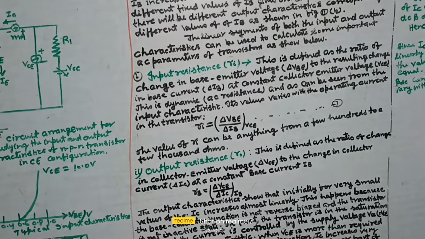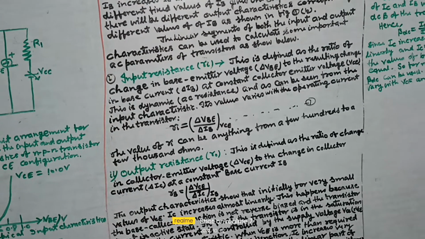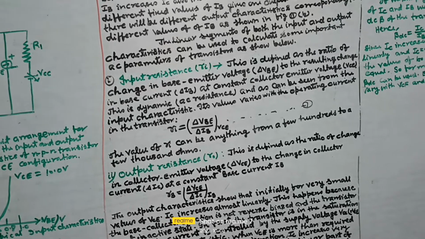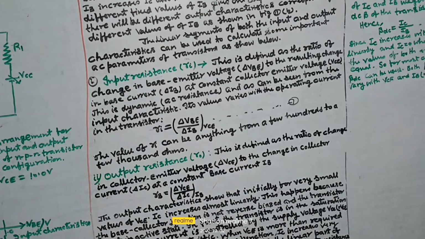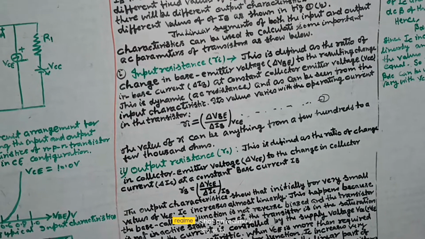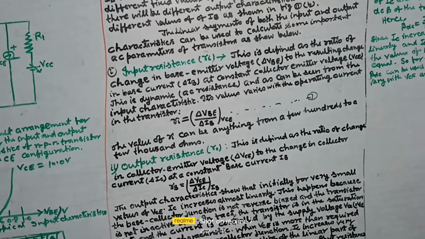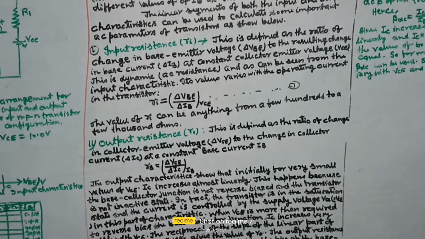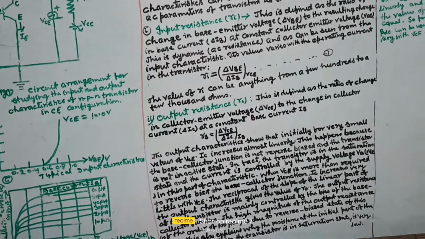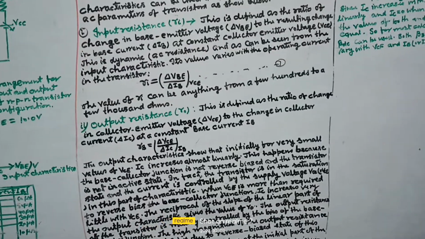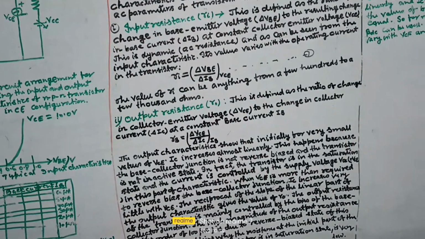This is a dynamic AC resistance and can be seen from the input characteristic. Its value varies with the operating current in the transistor. Ri equals delta VBE by delta IB at VCE constant. The value of Ri can be anything from a few hundred to a few thousand ohms.